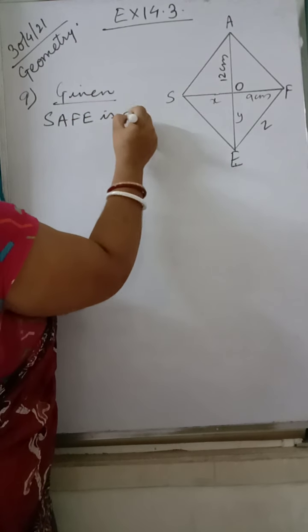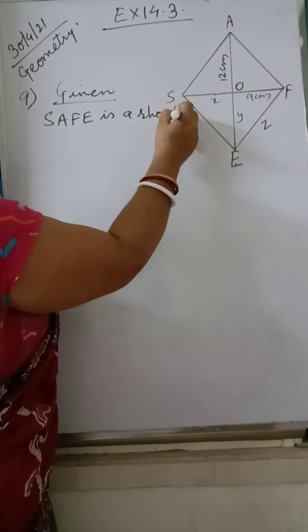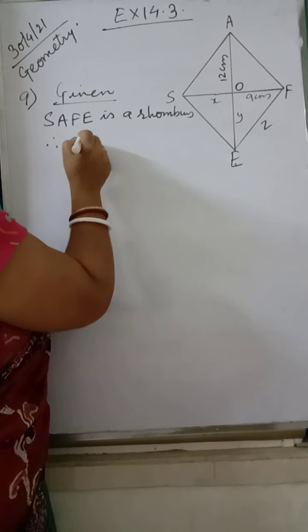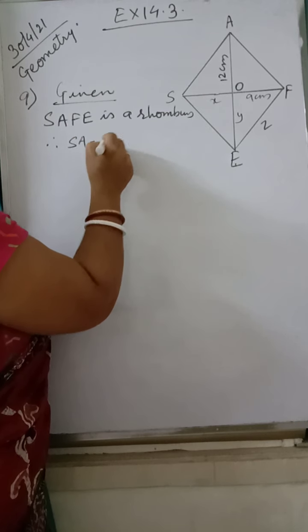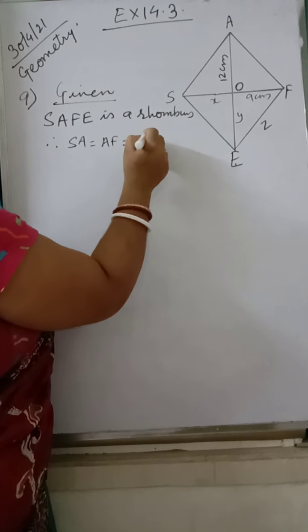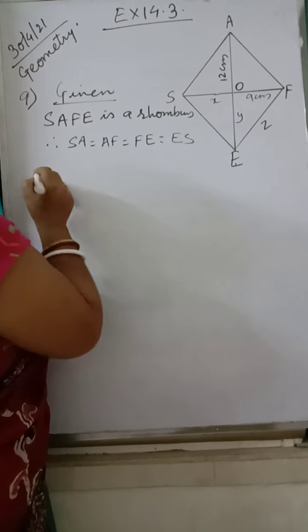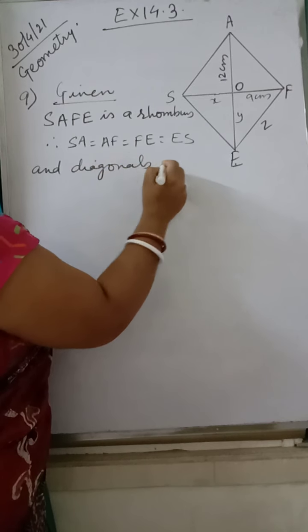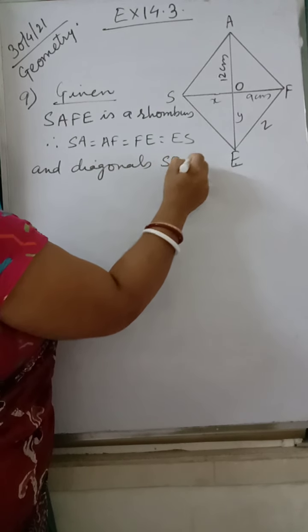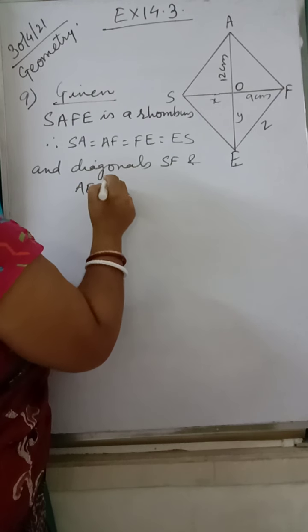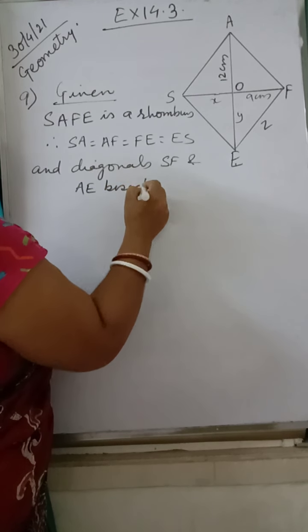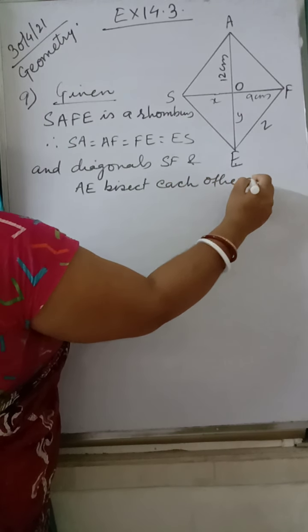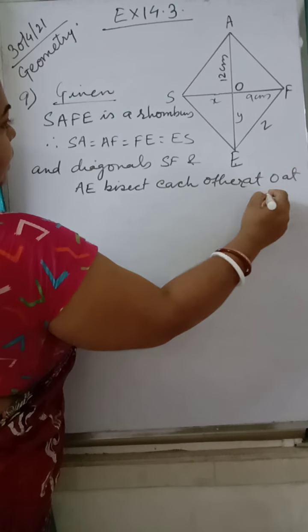Given, SAFE is a rhombus. So therefore SA is equal to AF is equal to FE is equal to ES, and diagonals SF and AE bisect each other at O at 90 degree.